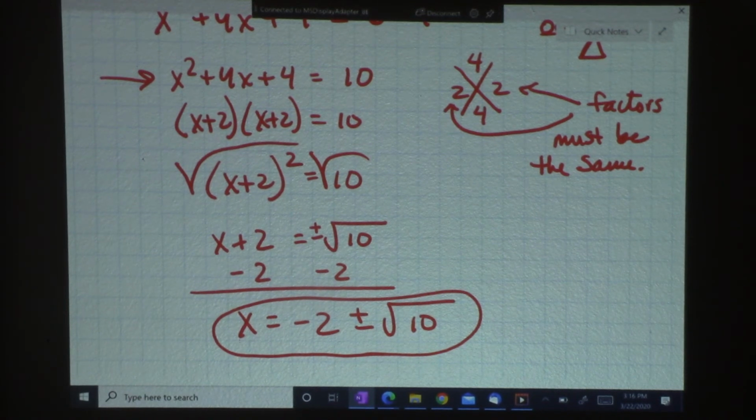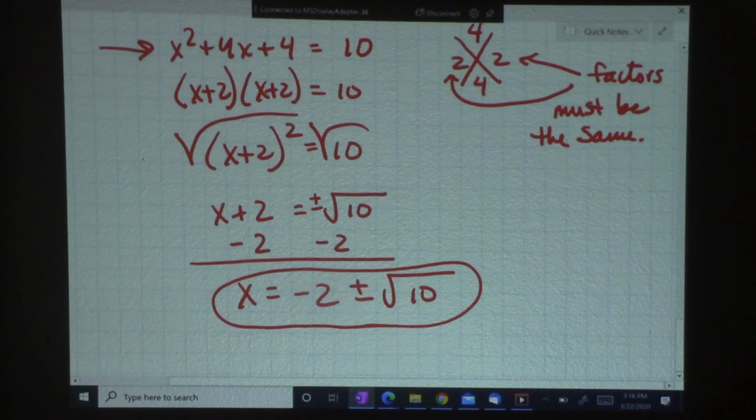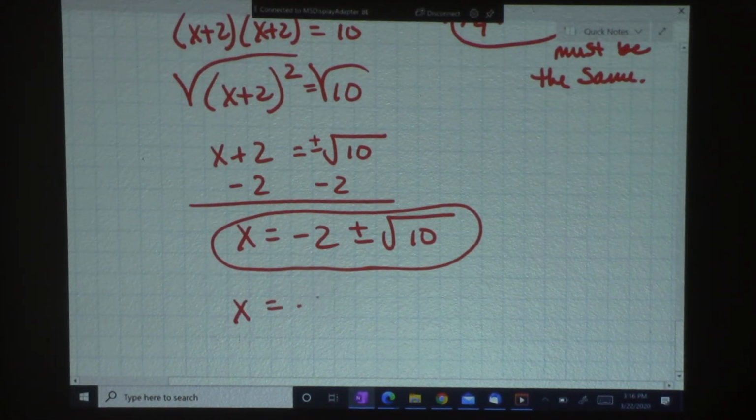So if I use my calculator, I will get negative 2 plus or minus 3.16.